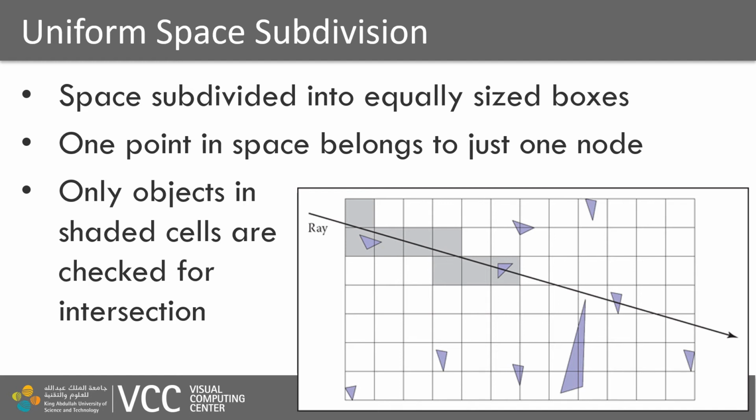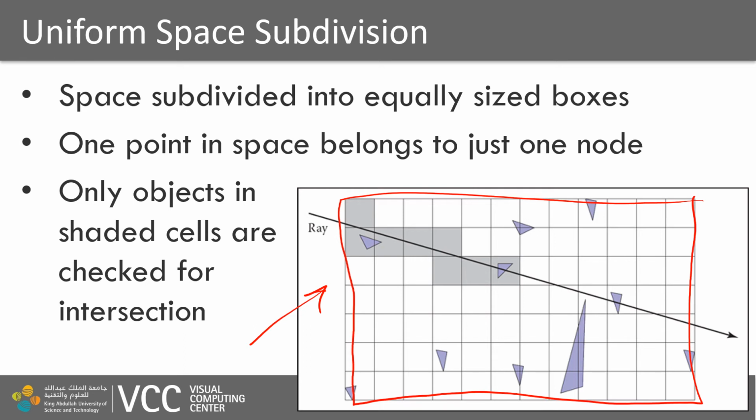We see immediately on this image shown here the advantage. While we have the entire scene here, we can immediately disregard a lot of space subsets, if you like, in our calculation, because they will simply not be intersected by our ray. And those that will be intersected, we check whether there are any objects.